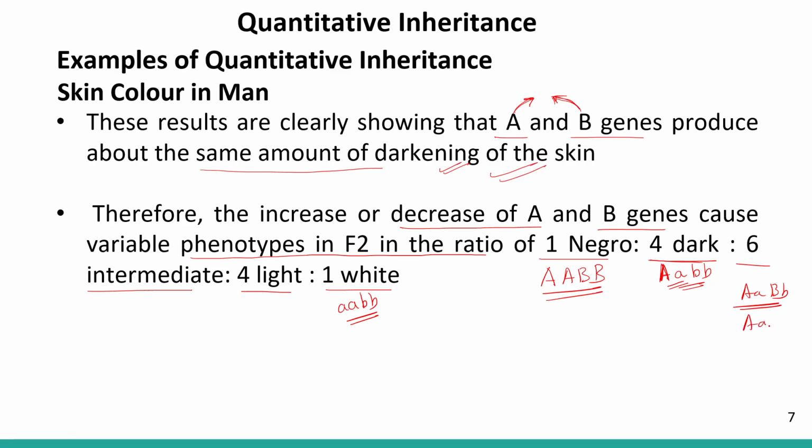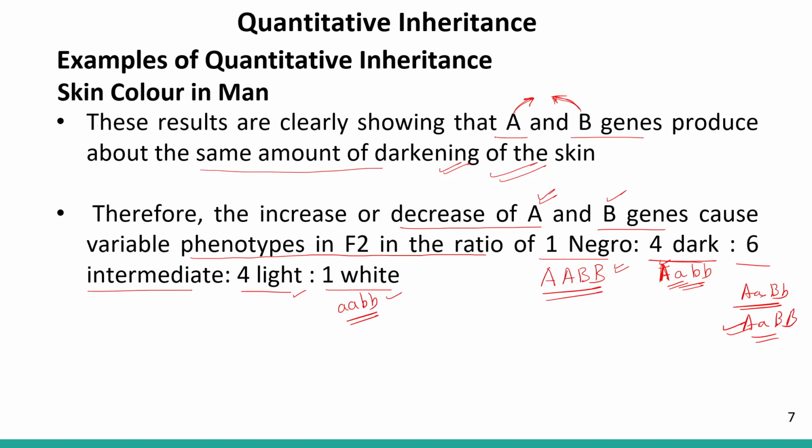Or they can have like this. So depending upon the dose of genes, 2 A or single A in the form of capital one and small one also, capital B or small b also. So what type of doses of the genes they are having, depending on that they will be Negroes, dark, intermediate, light, and white type of skin formation.